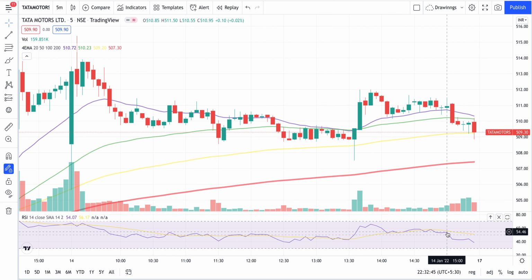We can see this is the weakening signal here. We got it at this point, so the next candle automatically lost its strength and came back to the previous price levels. Here also we can see it has touched above the 50 range. So this is a confirming signal.